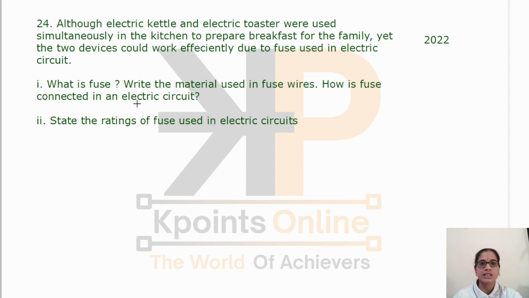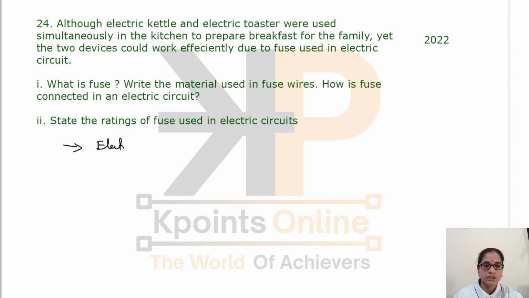When there is large excess of current, more than the specified value, passes through this fuse wire, what happens? The temperature of the fuse wire will get raised. Because of that, it will melt and the circuit will be broken. Because of that, it will prevent the short circuit.